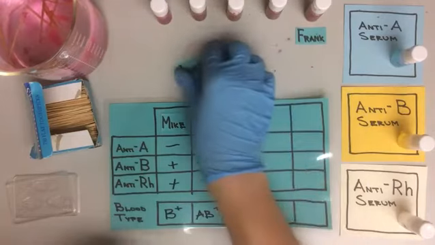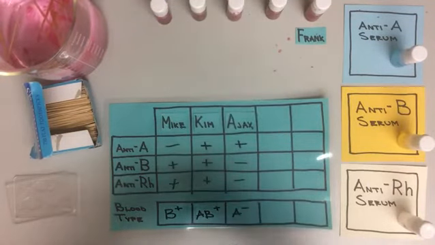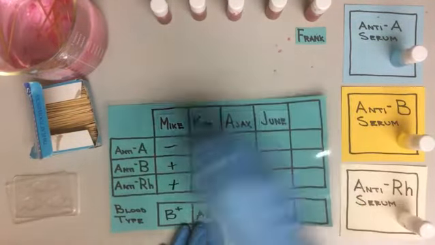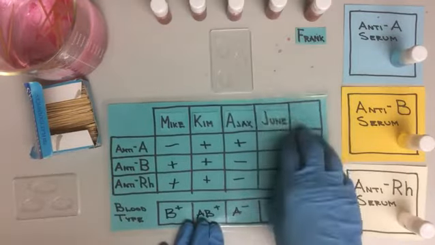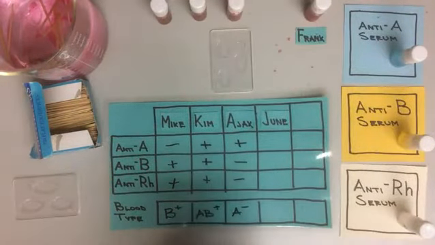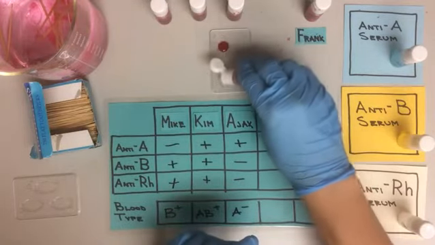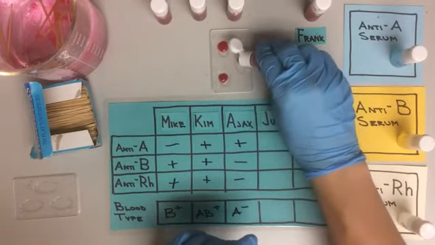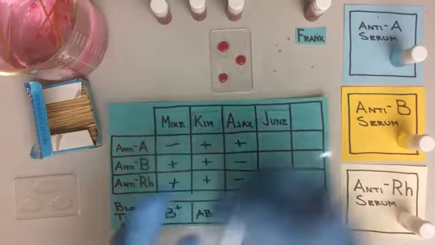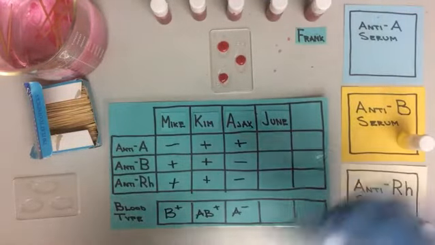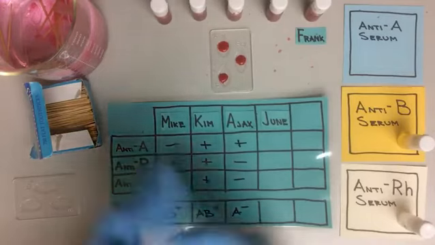Next, let's have a look at June. We take a sample of her blood on each of the wells, and we add the anti-A.